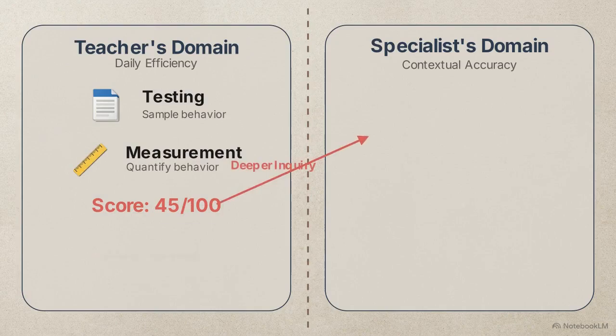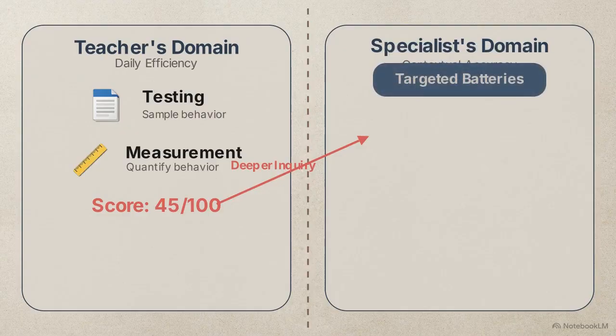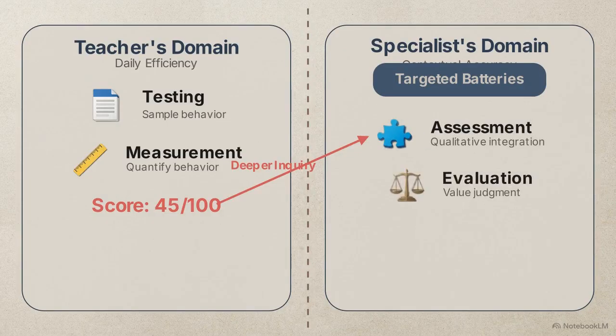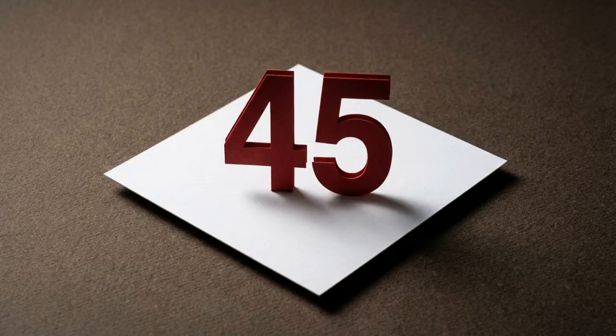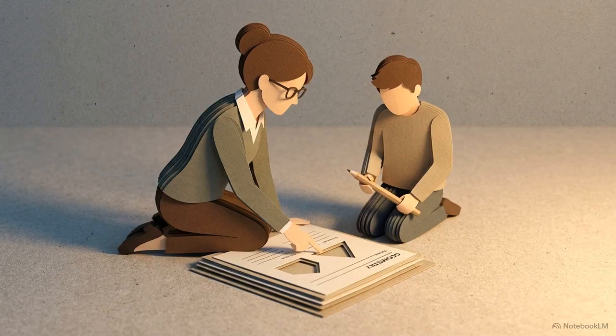Meanwhile, school psychologists and administrators have the mandate to deploy targeted cognitive and non-cognitive batteries. They execute the rigorous assessment and evaluation phases, especially when high-stakes decisions like individualized education programs are on the line. Empirical data without human context is just a number. To genuinely optimize a student's trajectory, we have to commit to doing the hard work of holistic assessment before we ever pass judgment.